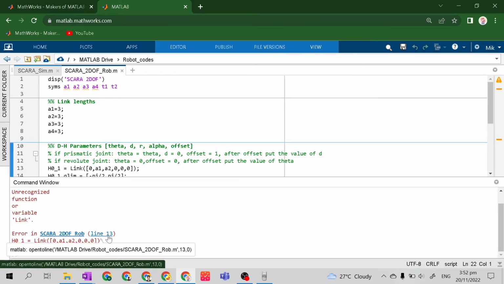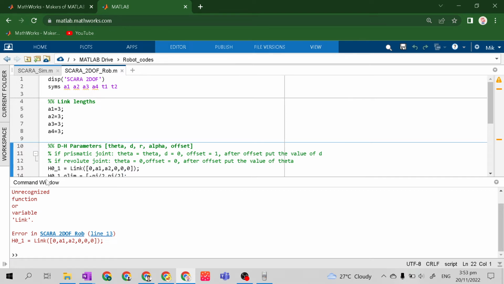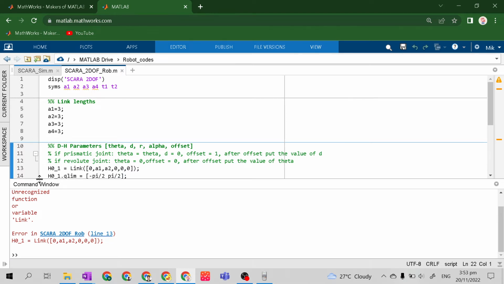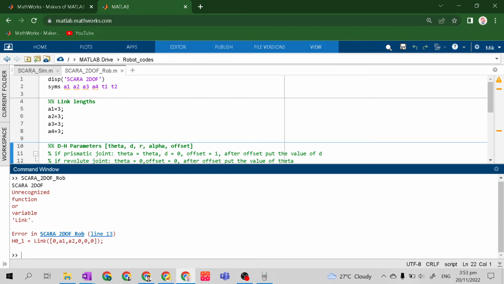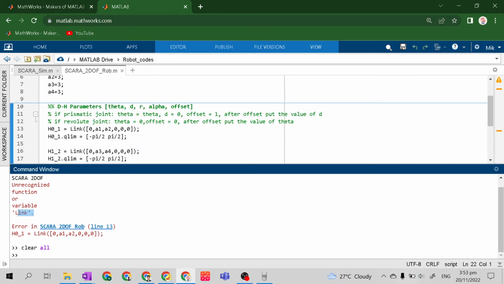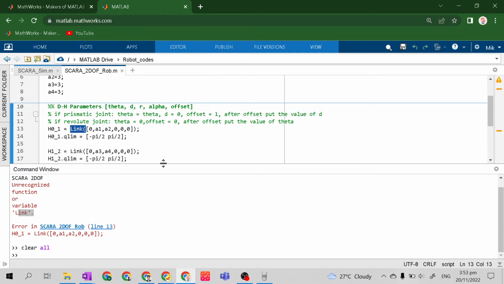Oh, there is an error. I have here an error. Sorry. So let's fix the error. The error is it does not recognize the link variable. So this is not a variable. This is the command.